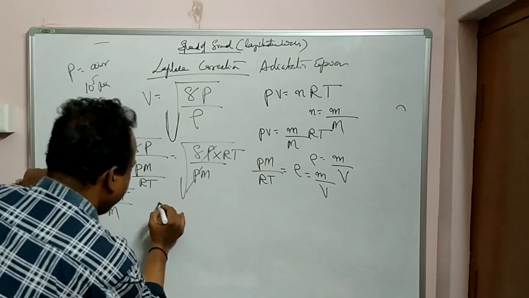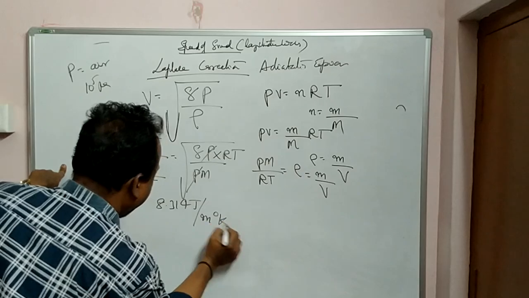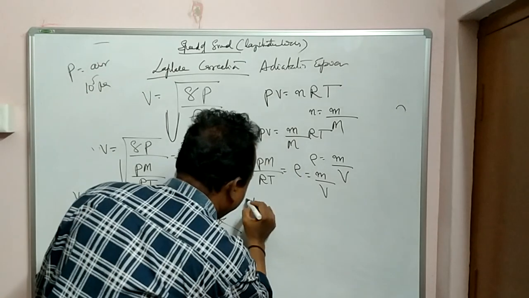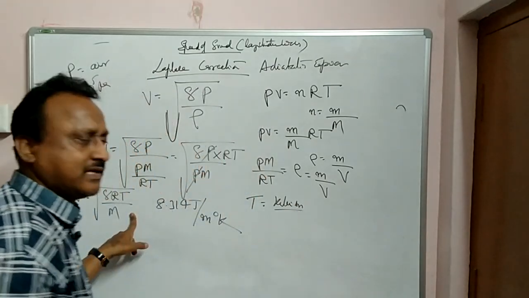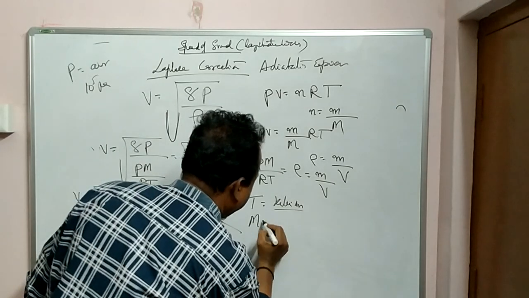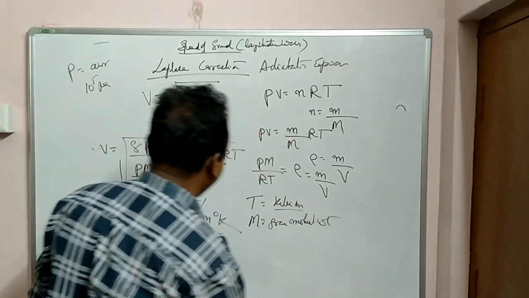R is the gas constant, 8.314 joule per mole Kelvin, the universal gas constant. T is the absolute temperature, that is Kelvin temperature, 273 plus degree centigrade. And M is the gram molecular weight of the given gas.